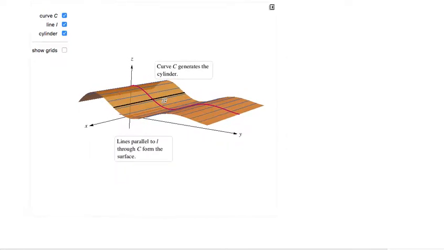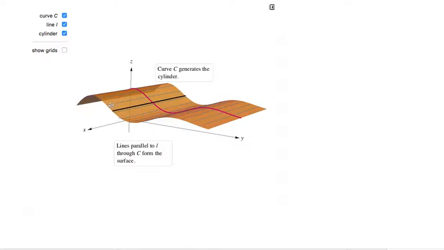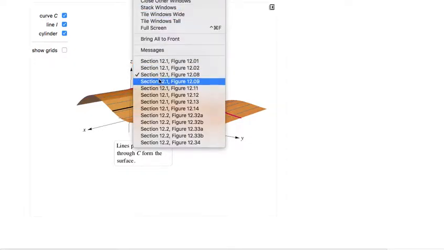That's what a cylinder means: you have a curve, you create perpendicular lines, and then allow that perpendicular line to propagate along the given curve so that you can create a cylinder, and that's the technical term.